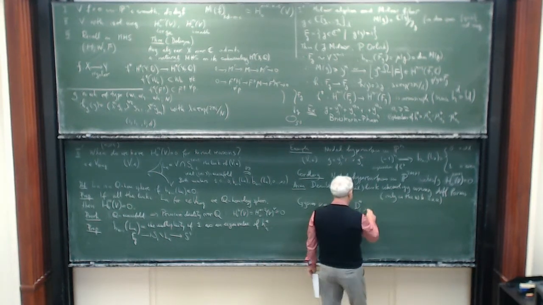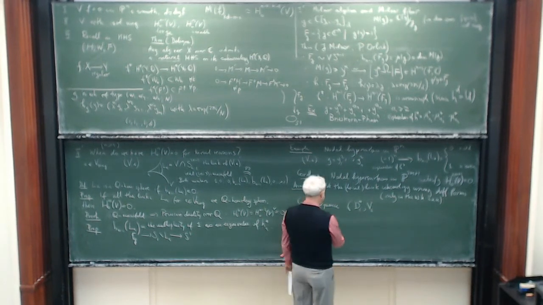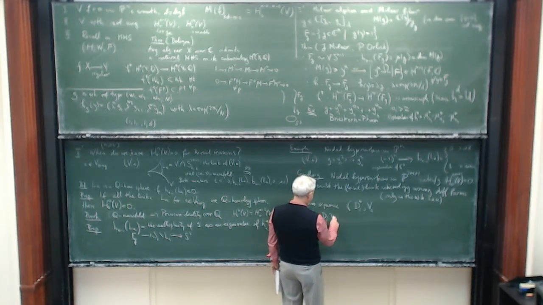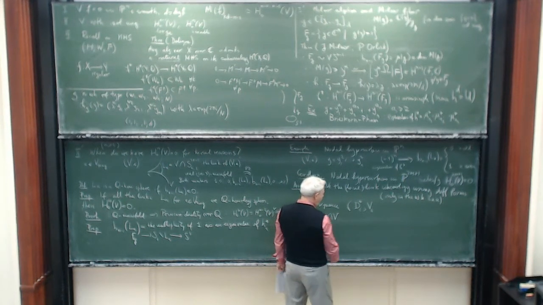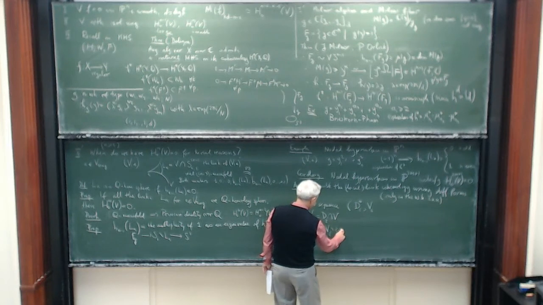And here is V epsilon, which is the trace. So V epsilon is D epsilon intersected with V, and V epsilon star is V epsilon minus the origin.